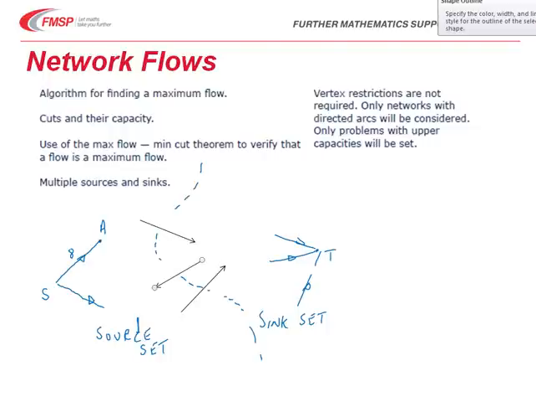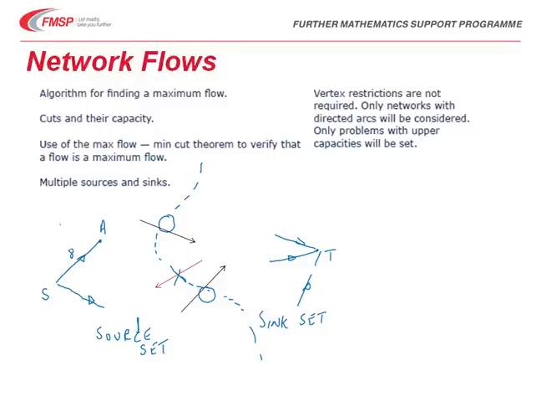But if a line is going from the sink set to the source set, that one is not included in the cut capacity. So to calculate the cut capacity, you simply add together the capacities of those which are going from source to sink set, but not including those going from sink set to source set. And the cut capacity is simply the sum of those.